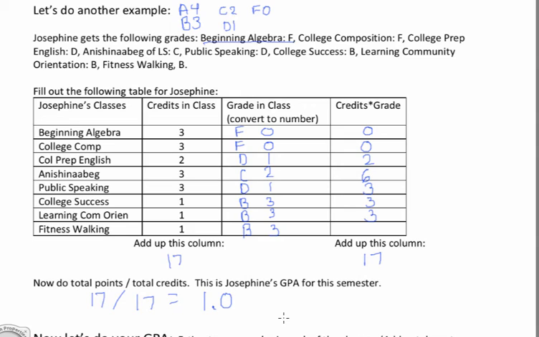Let's look at what would happen if Josephine would have withdrawn instead of getting those 2 F's in beginning algebra and college comp. If she withdraws, a W doesn't count against your GPA. So that reduces the number of credits she took.